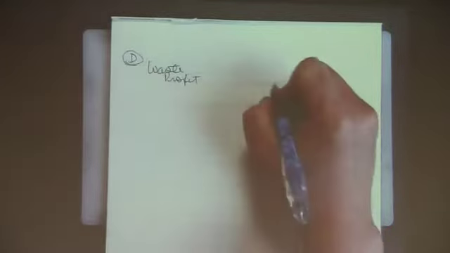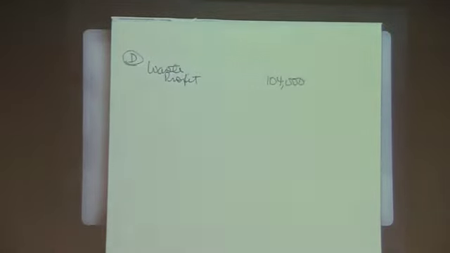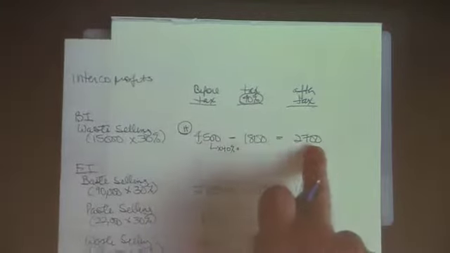So in Part D, it asked us, what would the investment income be had Paste used the equity method? So if they used the equity method, this is how much investment income. So first, let's start with the first sub, which is Waste. What was Waste income? It was 104. Okay? Now, let's analyze our intercompany profits. So Waste sold, the profit that we held back, now we're going to realize is 2,700.